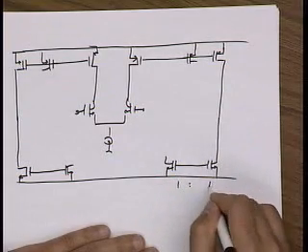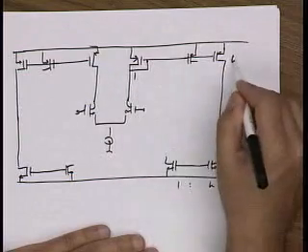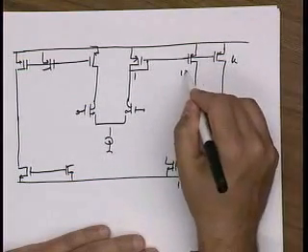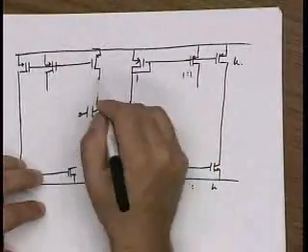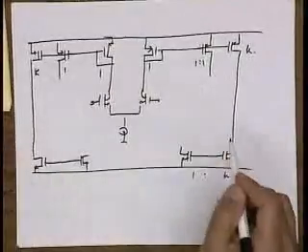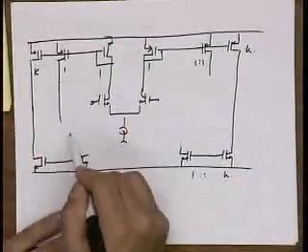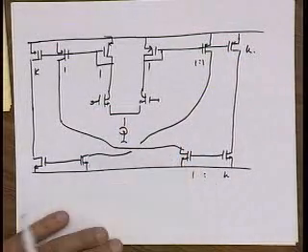So this is 1 to K. This is 1 to K. This is 1 to 1. And I take this current and I mirror it over.